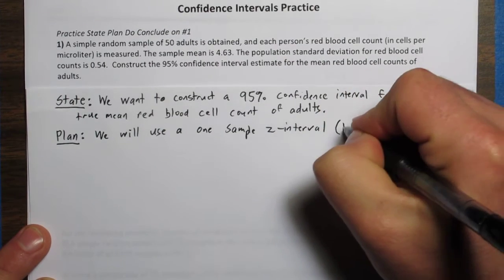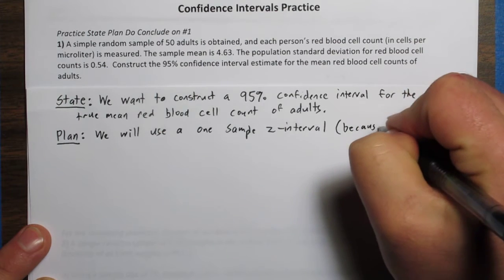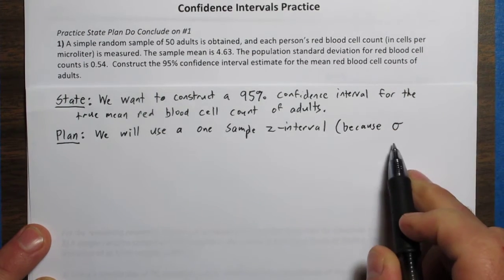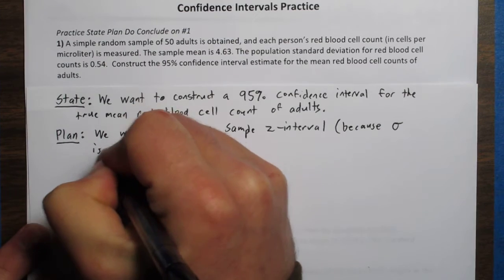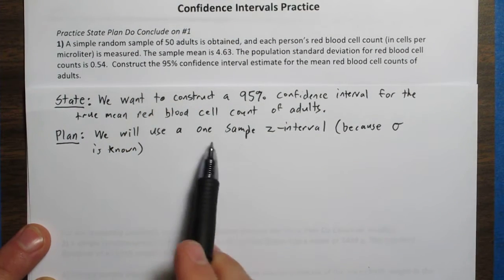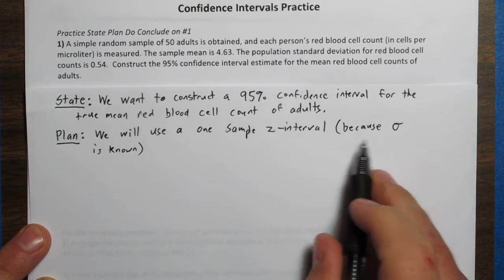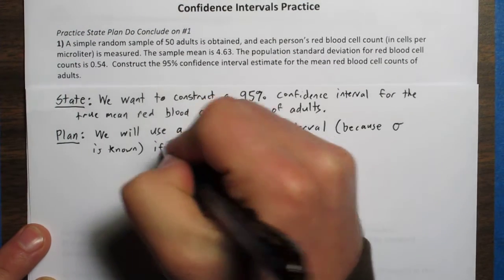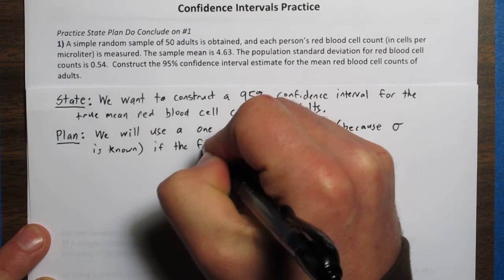And we can use this because the population standard deviation is known. So we will use a one sample Z interval because sigma is known if the following conditions are met.